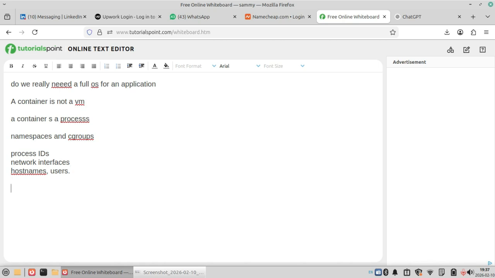How about cgroups? Cgroups control how much CPU, memory, disk IO a process or a group of processes can use.